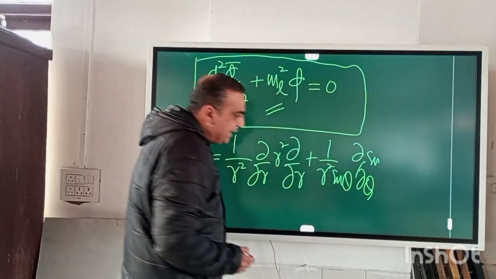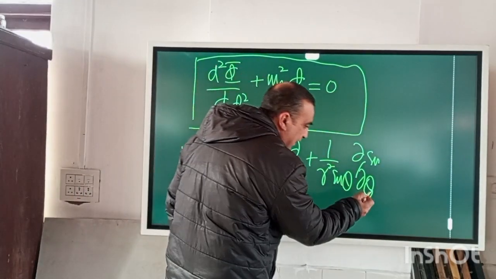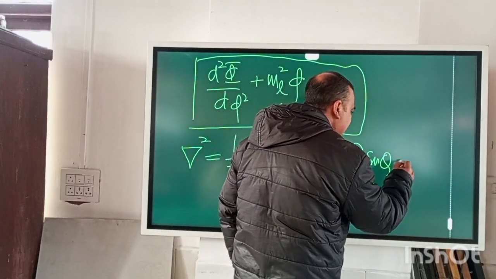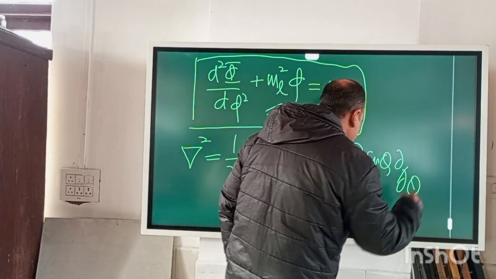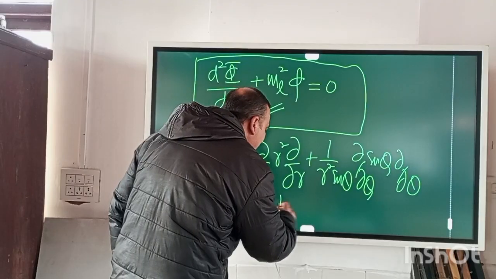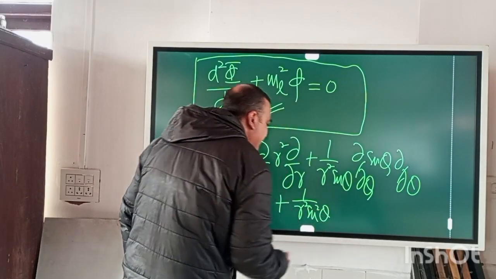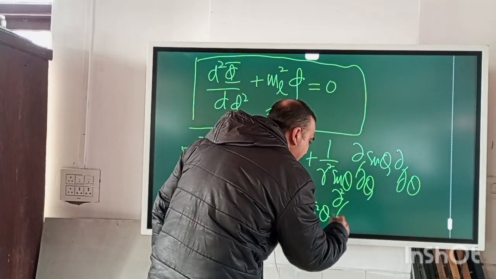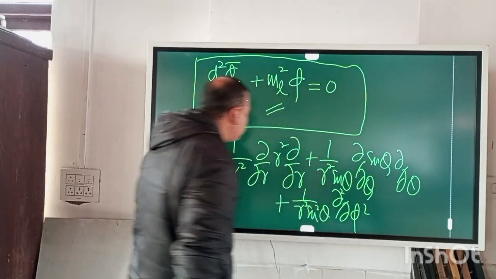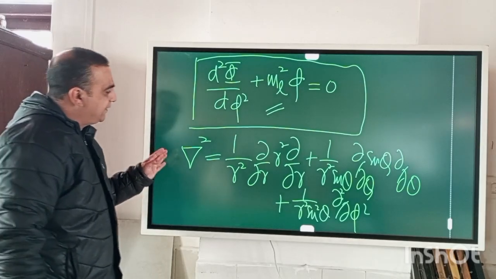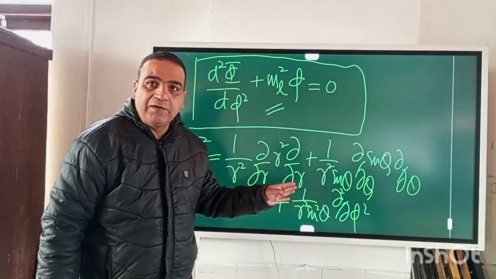Keep this in mind. And the third term is plus 1 by r square sine square theta dou 2 by dou phi 2. This is our Laplacian operator in the spherical polar coordinates.